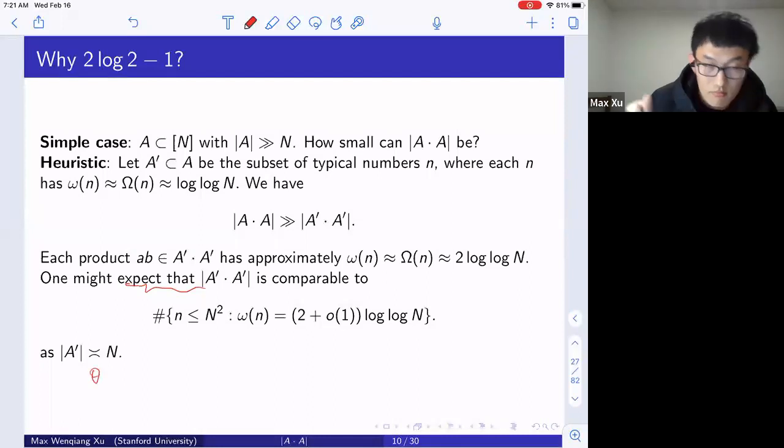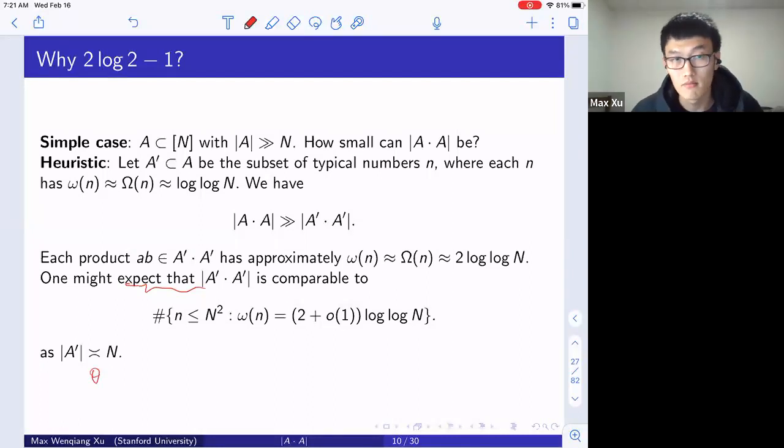You might expect that the quantity of all numbers with omega of n around 2 log n is comparable to, not much larger than, the set created by taking products of A prime and A prime. That's a heuristic guess. And what they did is make this more rigorous and turn it into a proof.